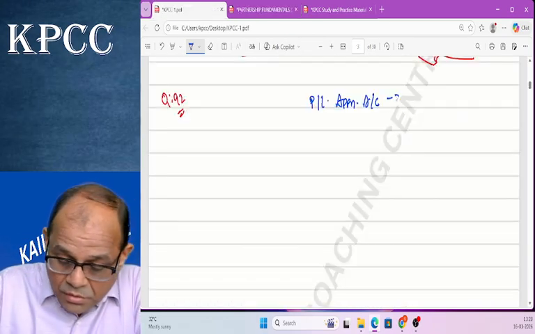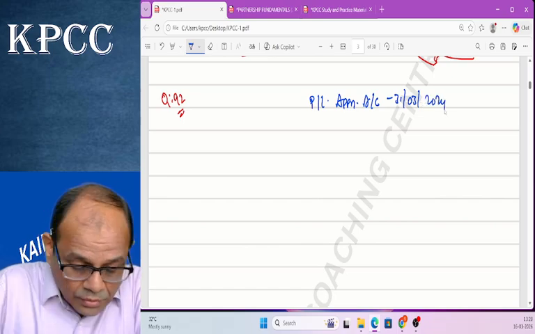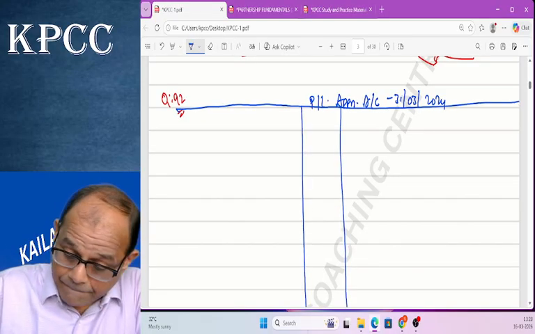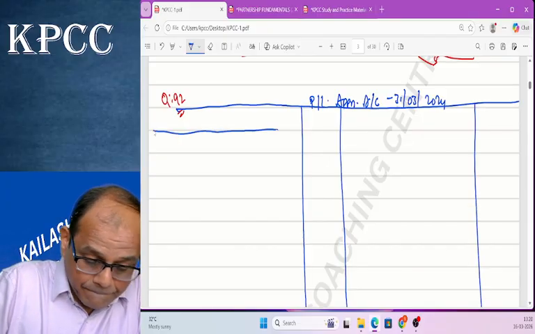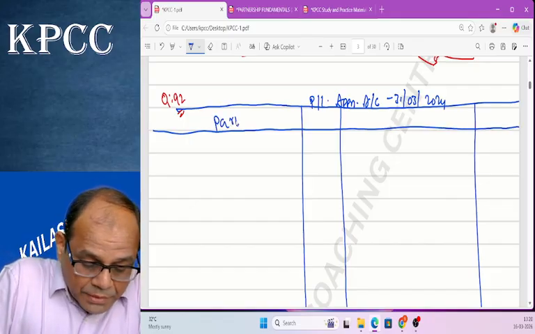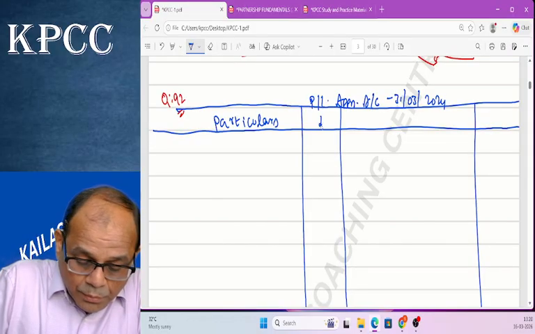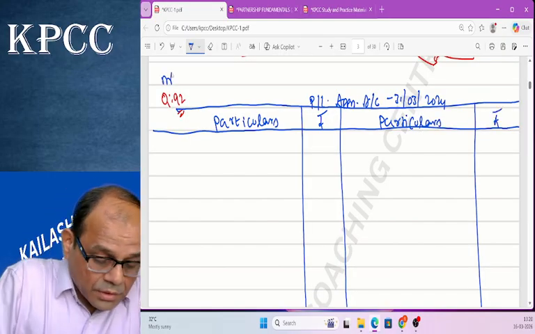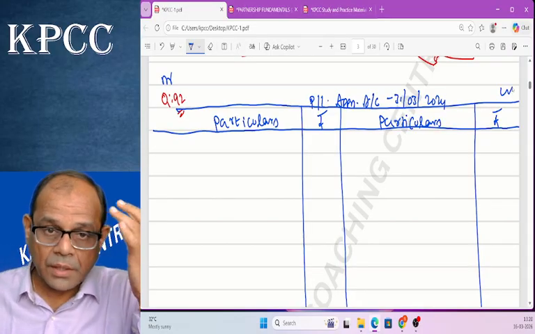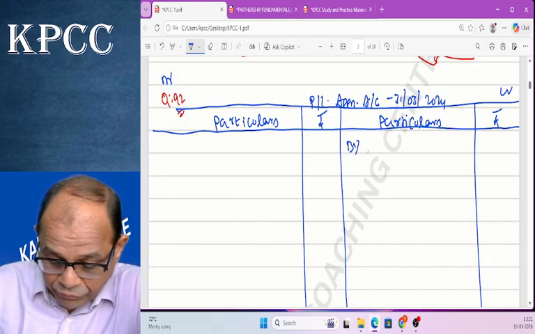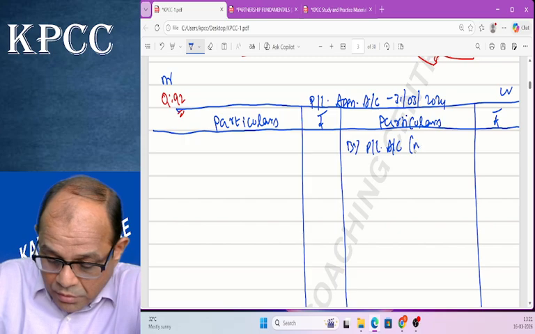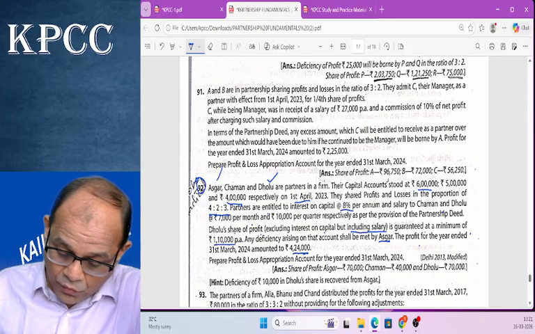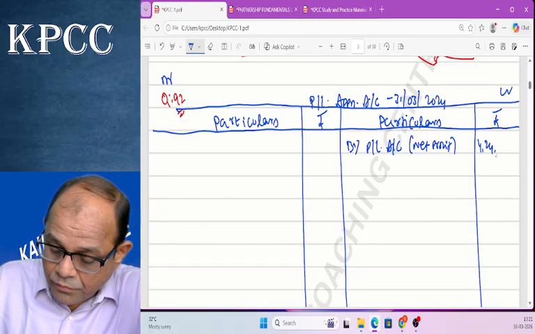Profit and loss appropriation account for the year ended 31st March 2024. Particulars, rupees, debit, credit. By profit and loss account, net profit, 4,24,000.